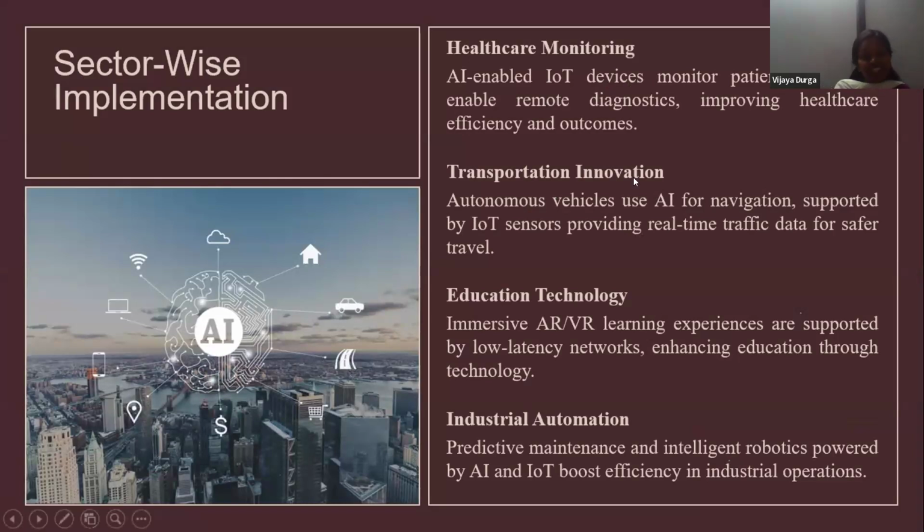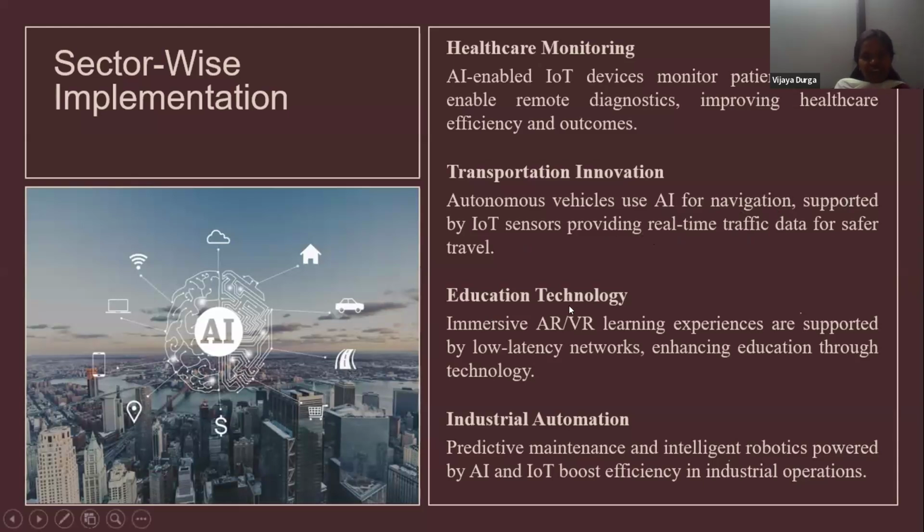And then transportation innovation, this is very, very important because the traffic is very, very high. So we need to handle this also. Autonomous vehicles use AI for navigation, supported by IoT sensors, providing real-time traffic data for safer travel, and also providing an intelligent transportation system. Security purposes also. This is possible due to AI-enabled IoT devices and then 6G networks.